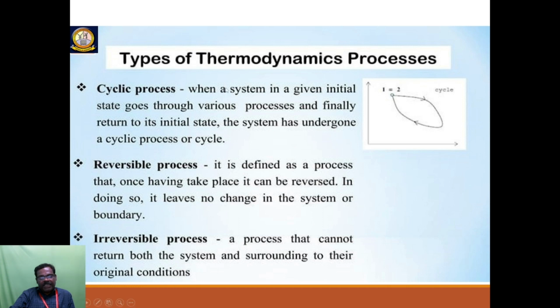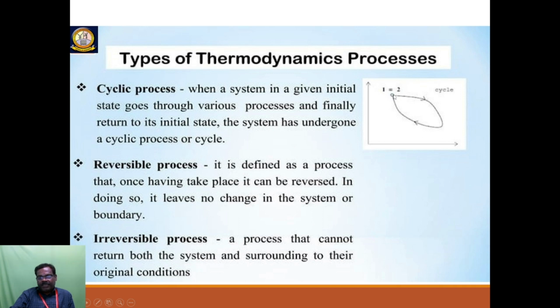So the cyclic process is when a system in a given initial state goes through various processes and finally returns to its original state. Whatever the processes may be, it goes through various processes, but finally it comes to the initial state.